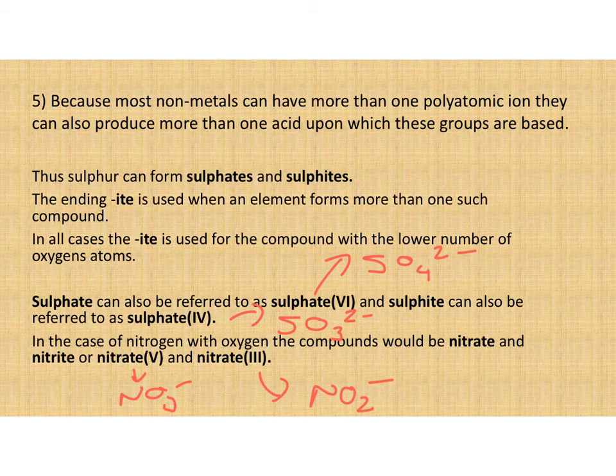So later on in the course, when you look at oxidation states, you'll understand where those names come from, but those are the names that we really should use. Generally, however, for SO4 2- we just use sulfate, and for NO3- we use nitrate. And if we need to distinguish, we would put nitrate(III) or sulfate(IV).